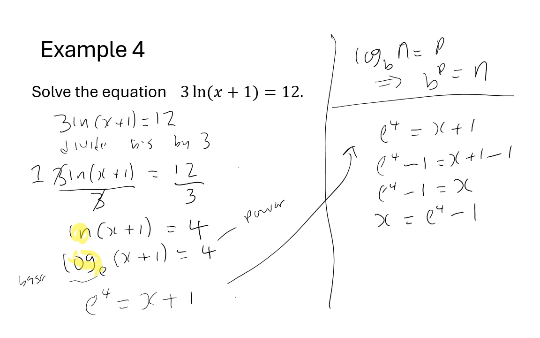And this e raised to the power of 4, if we compute it, is 54.598, so x is equal to 54.598 minus 1, which is 53.598.